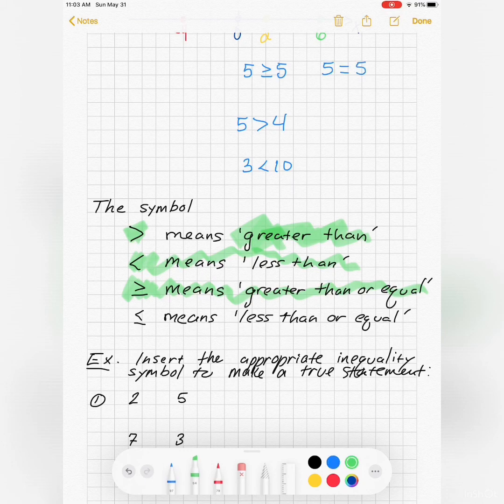Okay, so we're going to use these last two symbols more a little bit later. For now, I'd say we're kind of more focused on these first two. But I wanted to go ahead and give you the definitions of the others as well. So this is kind of scratch work.